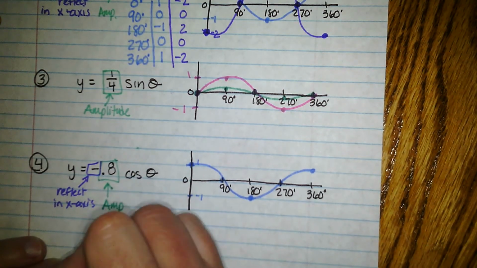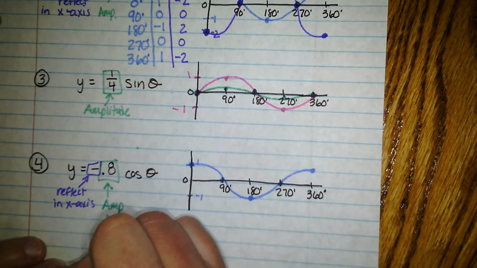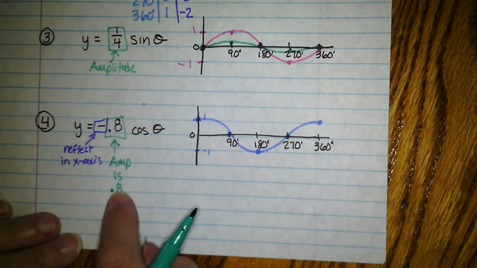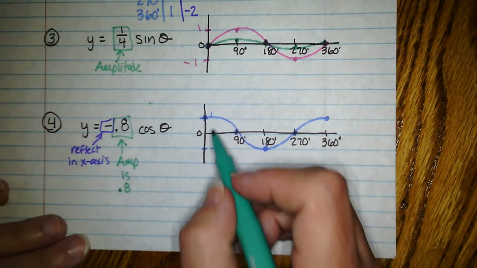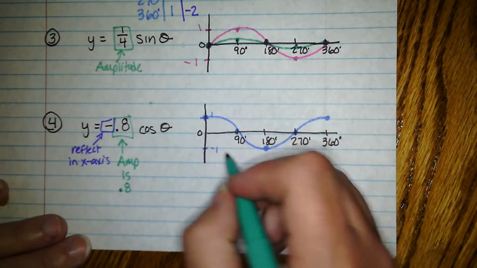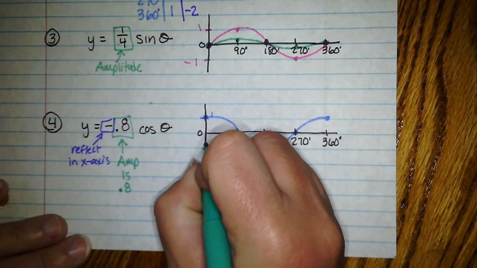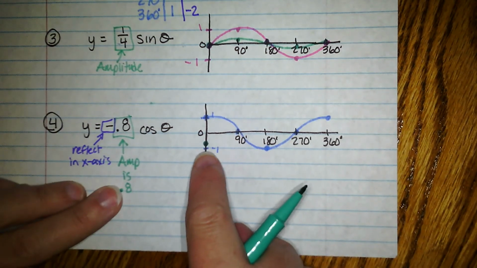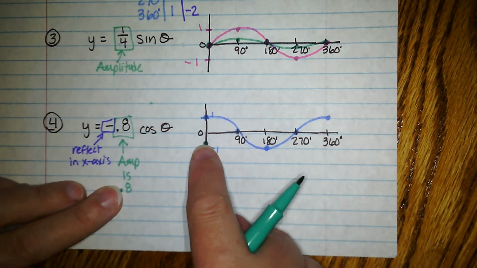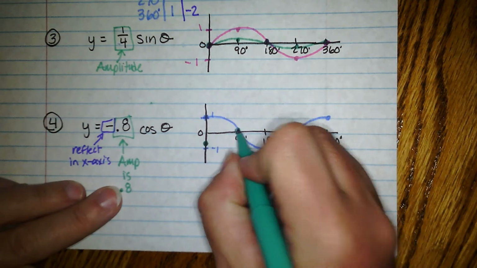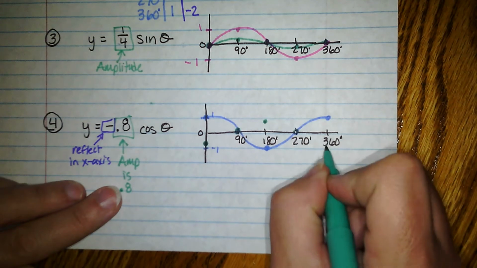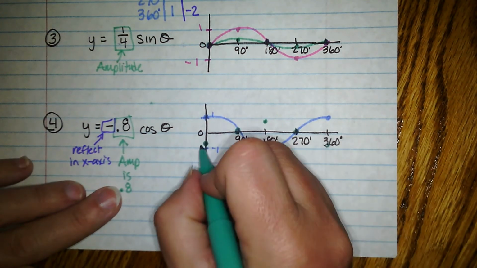Now, when our amplitude is 0.8, that means it's 0.8 of the way to 1. So it's about 80% to the 1. But because we're reflecting, it's going to be starting down here at -0.8. All right. And then we're going to go to 0, +0.8, then go to 0, and then -0.8.